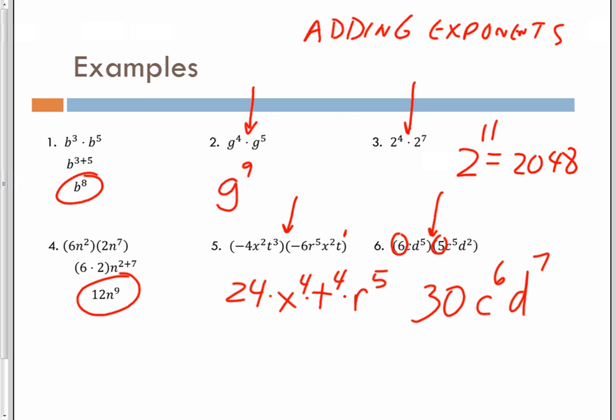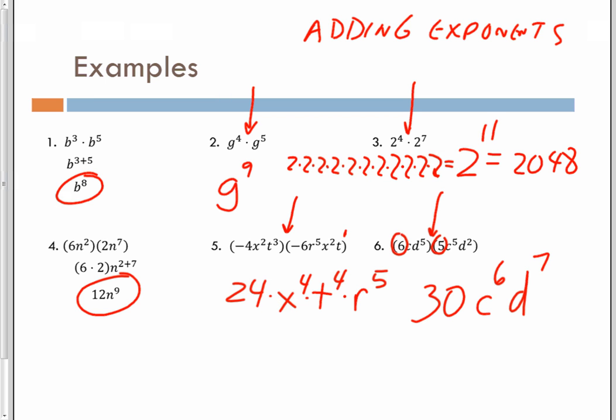No, because think of it this way. What does 2 to the 4th actually mean? 2 times 2 times 2, and then you'd have 1, 2, 3, 4, 5, 6, 7. 1, 2, 3, 4, 5, 6, 7, 8, 9, 10, 11.